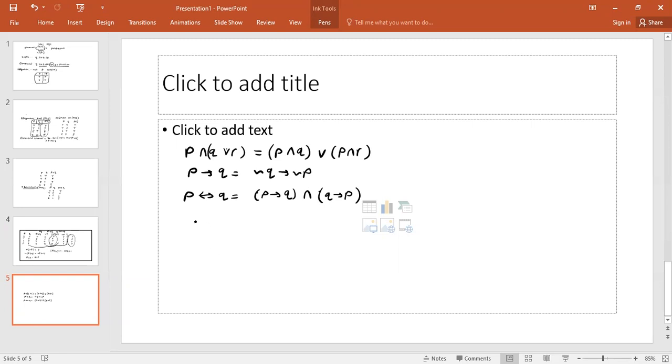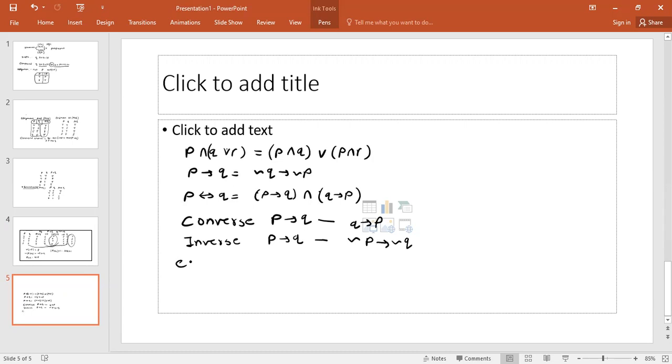So we will see the converse of a conditional statement, that is P conditional Q, is the conditional statement Q conditional P. This is converse. Okay. Then inverse of P conditional Q. Inverse will be negation of P conditional to negation of Q. This is inverse.